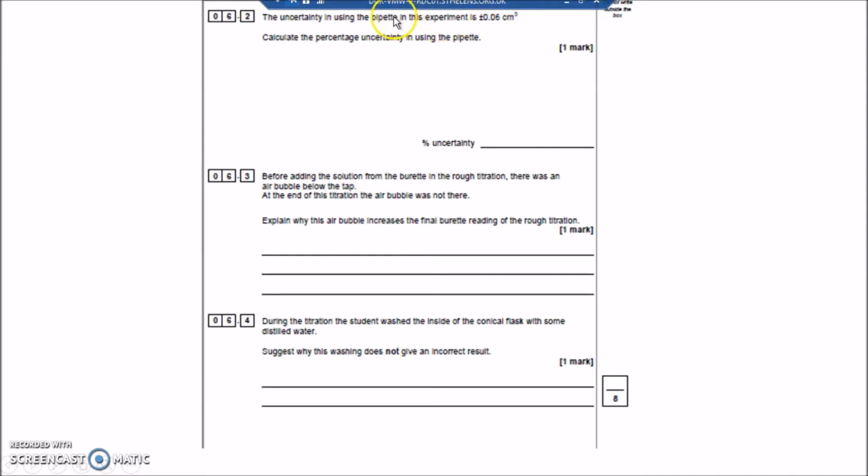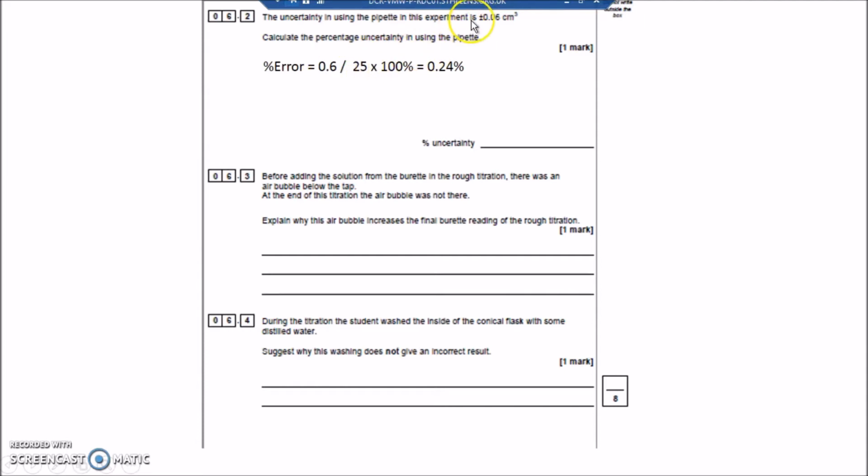Now, a pipette only uses one reading. You only read once off the pipette, so I've not got to multiply that value by anything. You multiply this value by the number of readings that you have, but since the pipette only has one reading, it's 1 times this. So this is just as it is. Calculate the percentage uncertainty in this pipette.